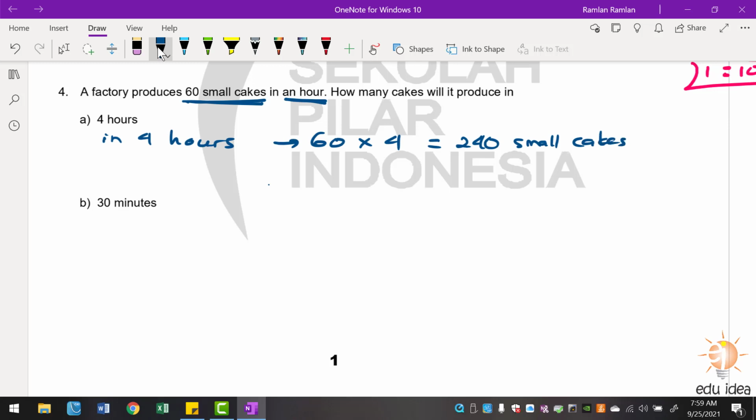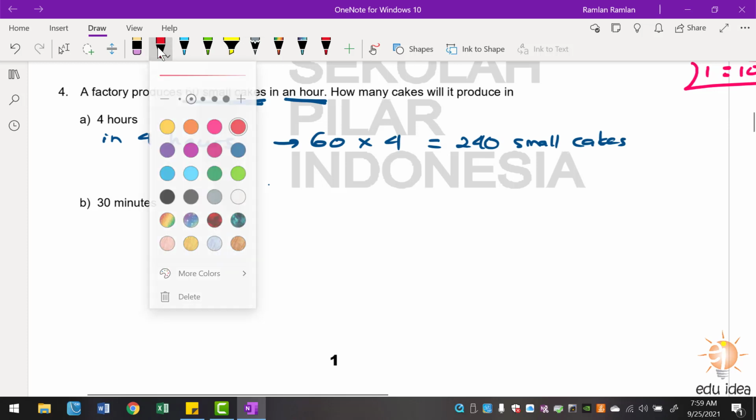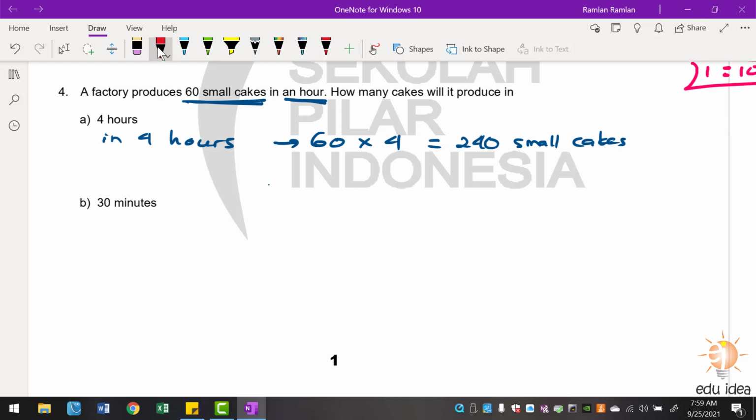Okay, so what is the relation of this with the concept of ratio? If I want to write it down as a ratio, I can compare these two things, right? 60 small cakes with the time. So I can write down the ratio of the number of small cakes to the time.